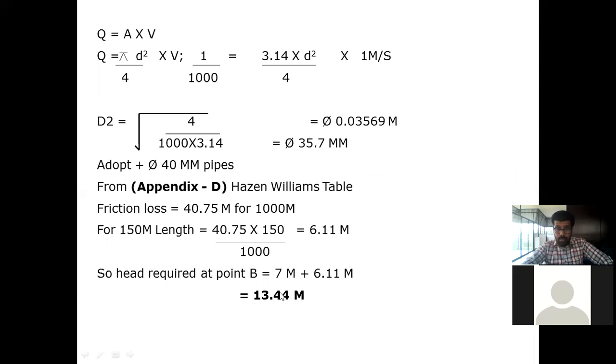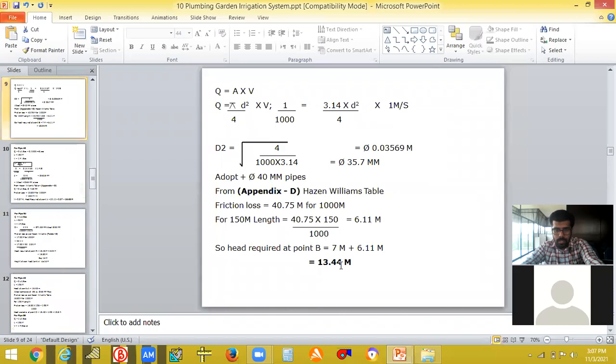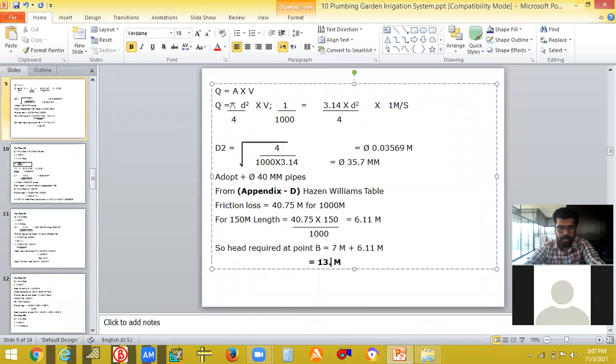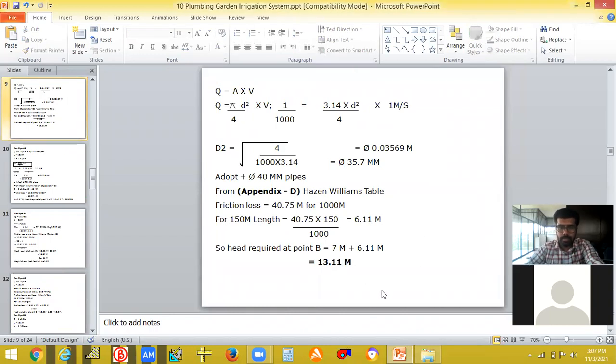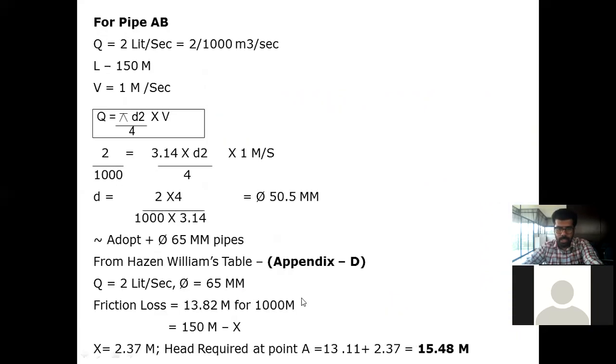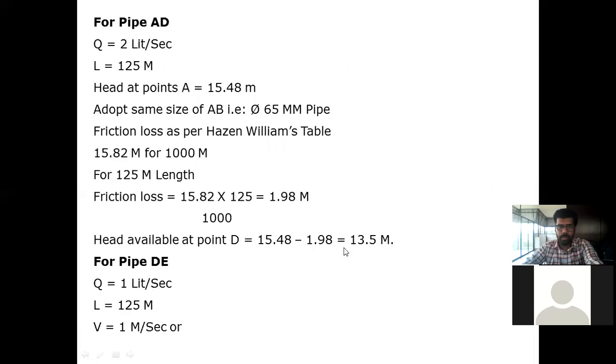No, it is not 13.44. It is 13.11 only, okay? So that is 13.11. So 13.11 plus 2.37 is 15.48. So 15.48 is the head required at point A.